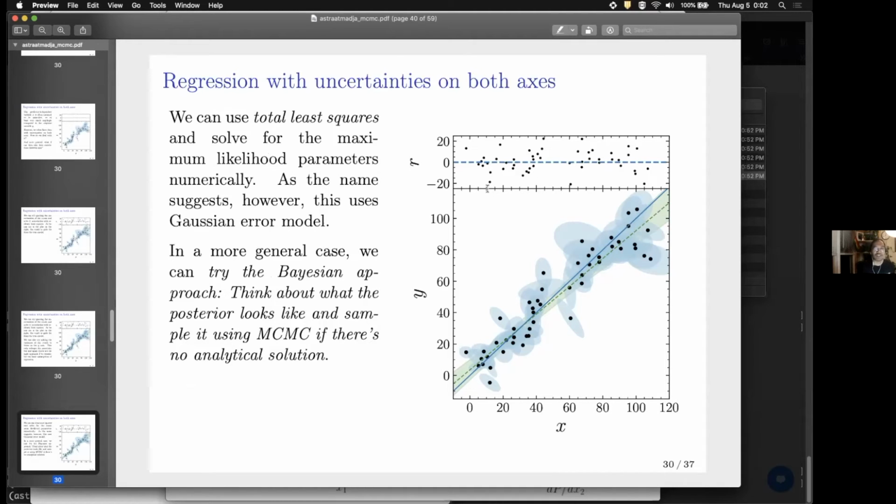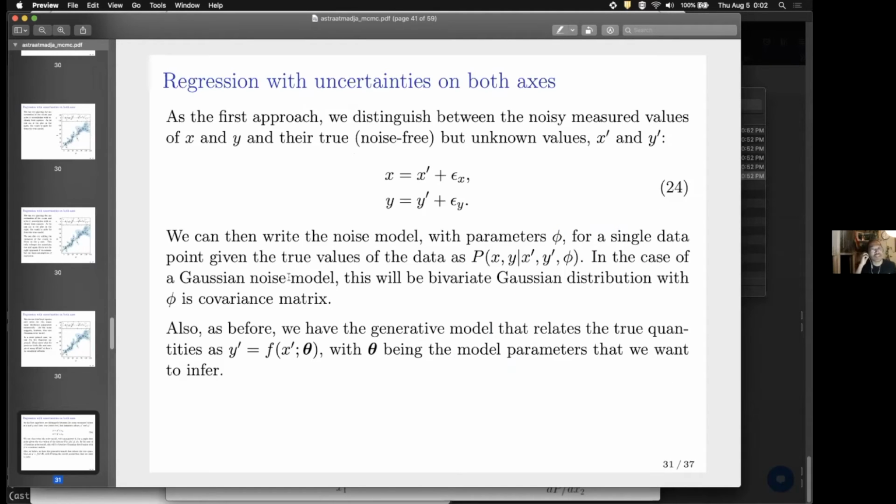However, this uses a Gaussian error model. If you want to try a more general case, like a non-Gaussian error model, you can try the usual Bayesian way. Write what the posterior looks like and sample it using MCMC if there is no analytical solution. So here's a way to do it.